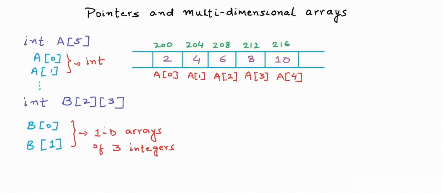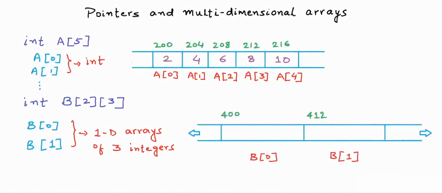A one-dimensional array of 3 integers would be 12 bytes if each integer is 4 bytes in size. So if I have to show this in memory, the first block of 12 bytes starting address 400 will be B0, and the next block of 12 bytes starting address 412 will be B1.